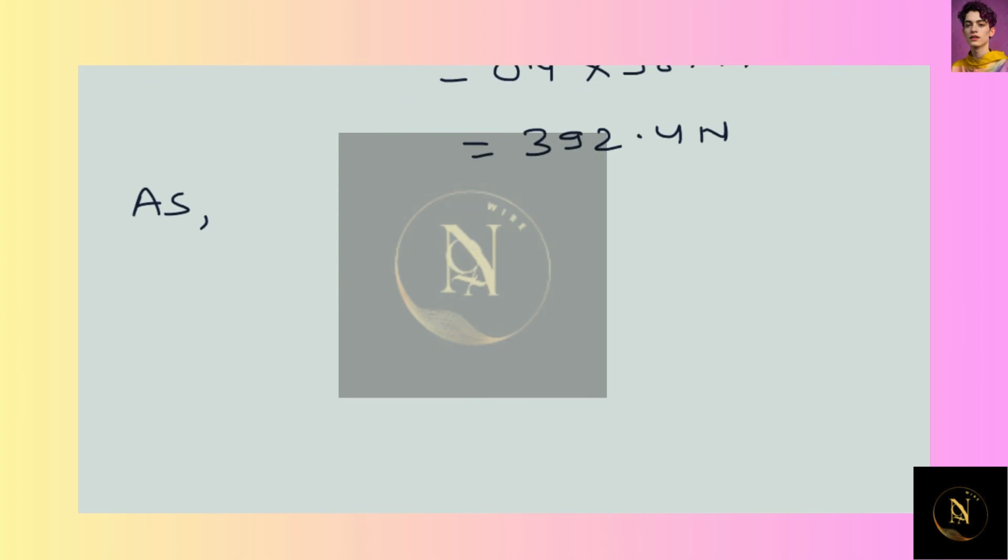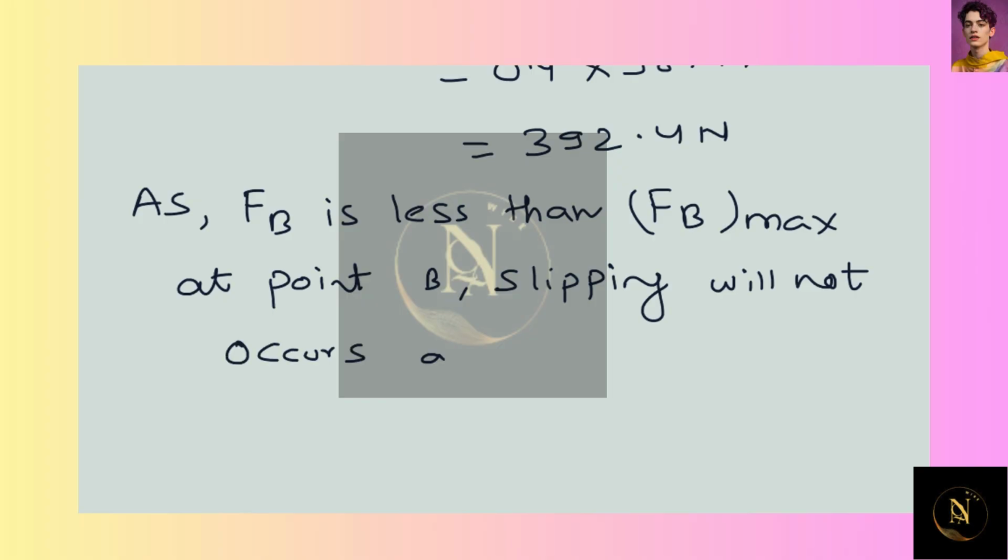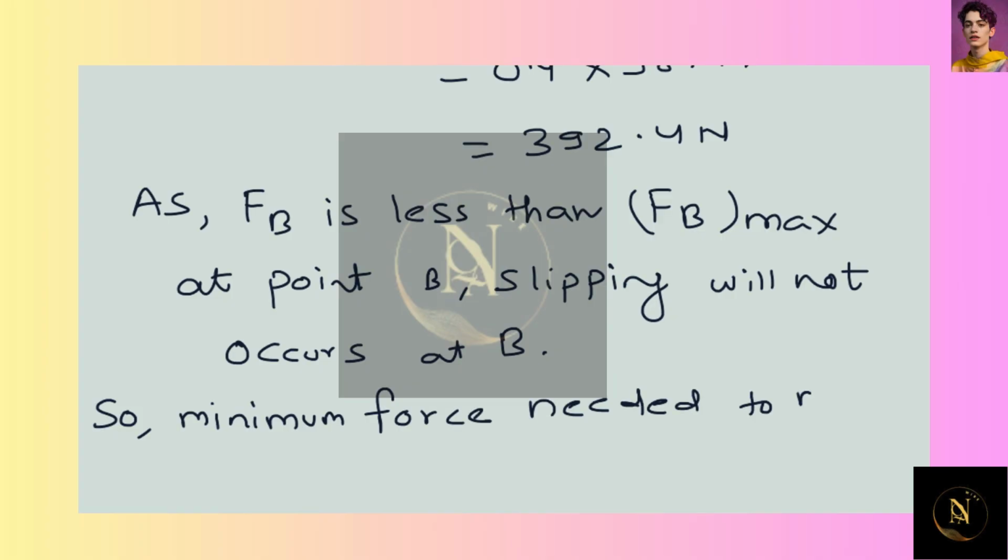As the value of FB is less than FB max, we can say that slipping will not occur at B. So the minimum force needed to move the post is equal to 407.94 Newton.